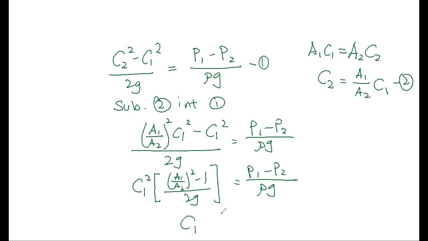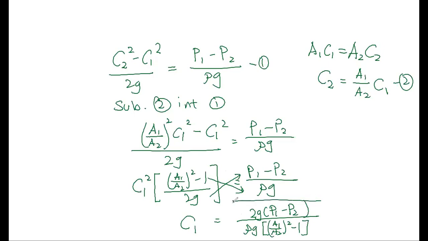So for C1, the 2G I'll bring across, P1 minus P2, cross multiply, over rho G times A1 over A2 square minus 1, and not forgetting my square root. So this will be my C1 expression, based on Bernoulli's equation.